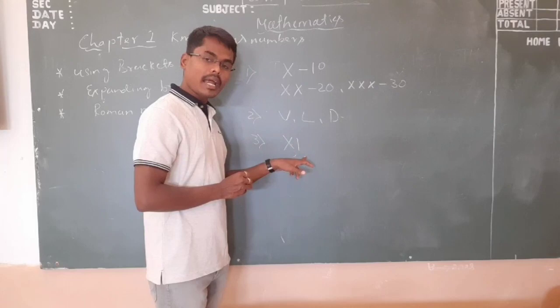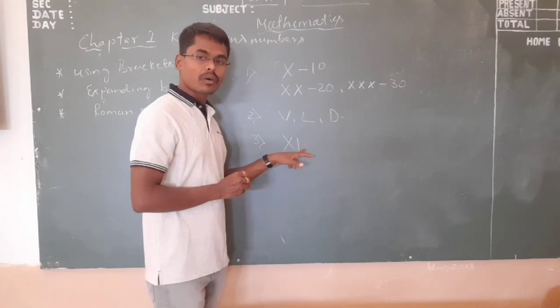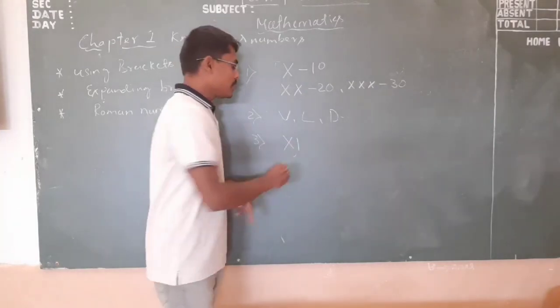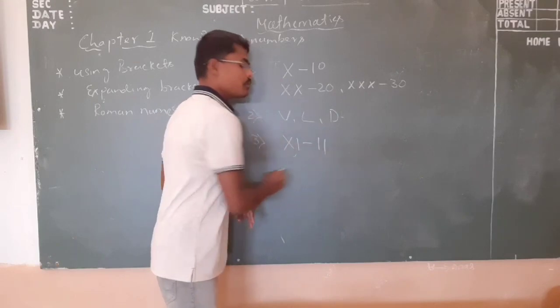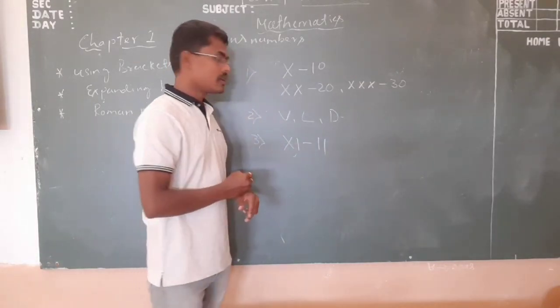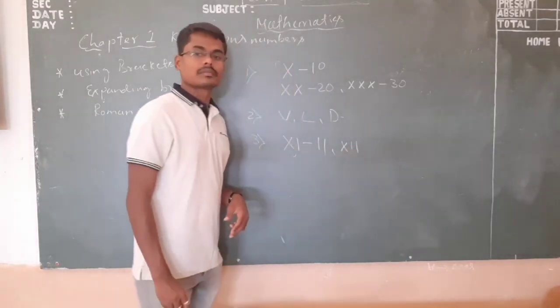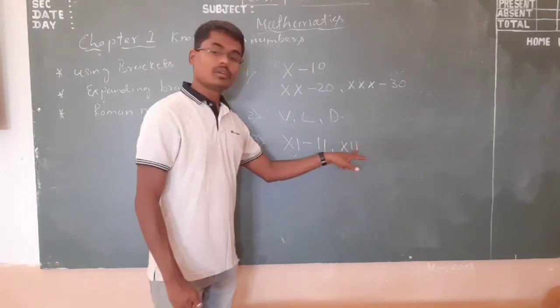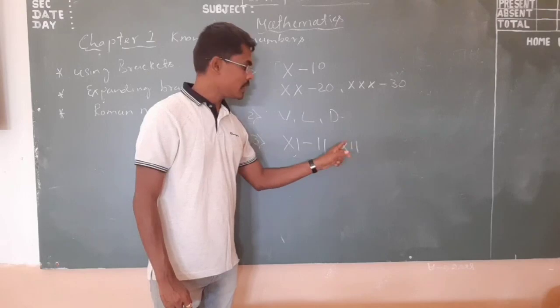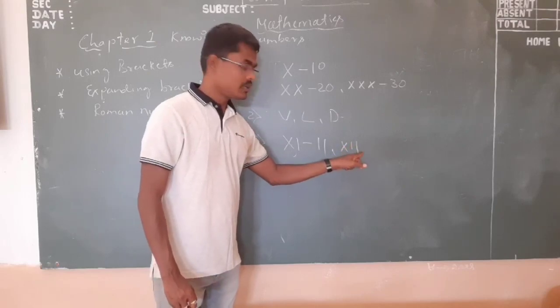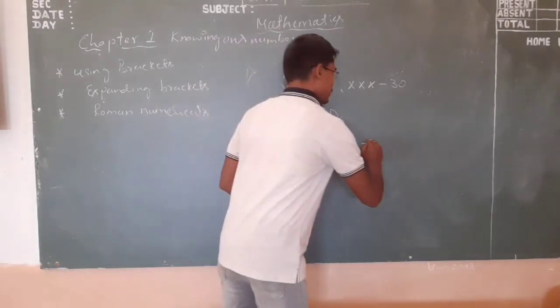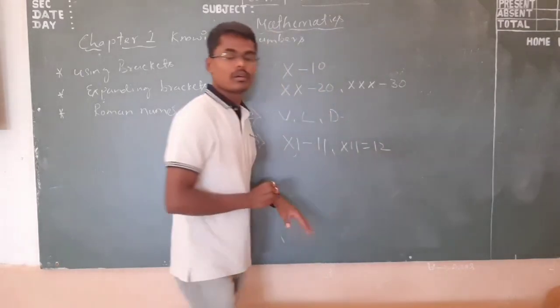If I add number 1, which is the smallest here, then I will get the number 11. Like that, if I add two small numbers, we get 10, 11 and 12. This is how we are going to write.